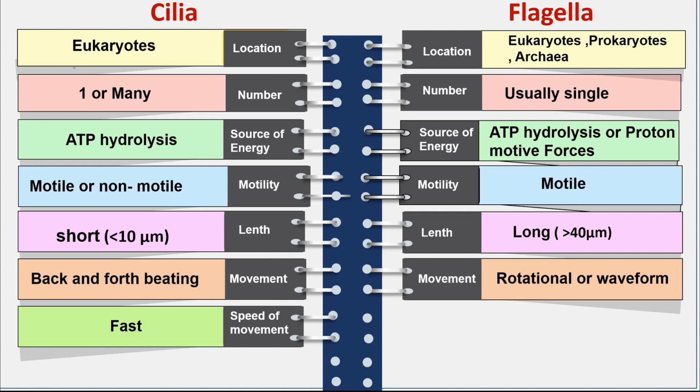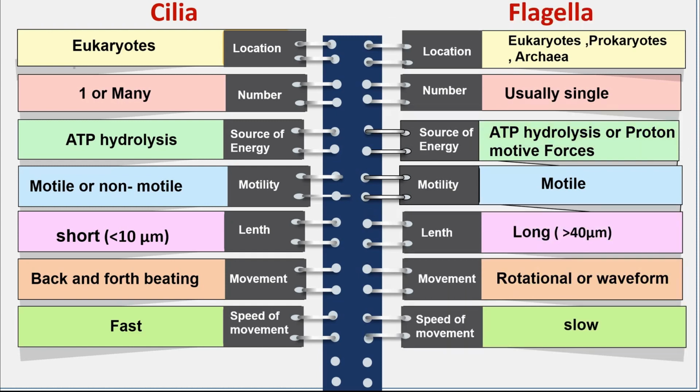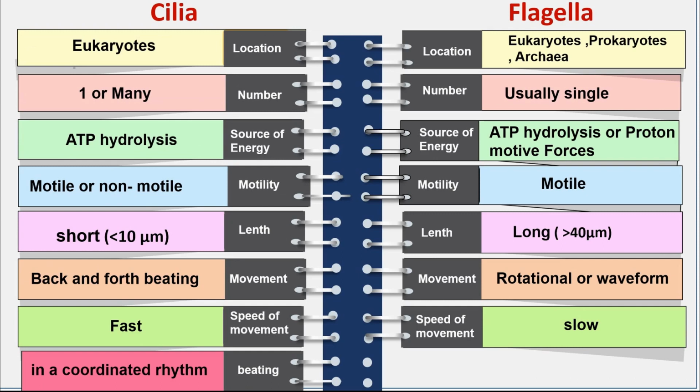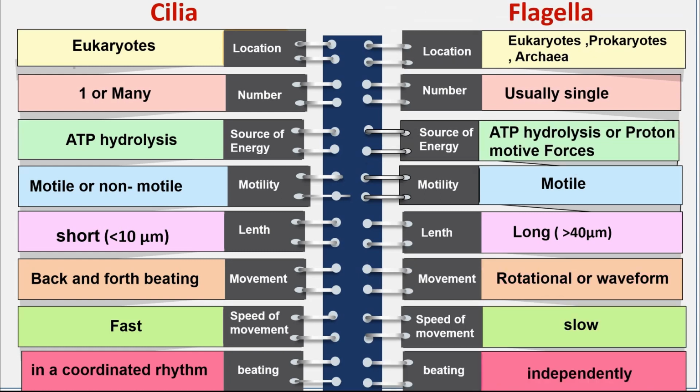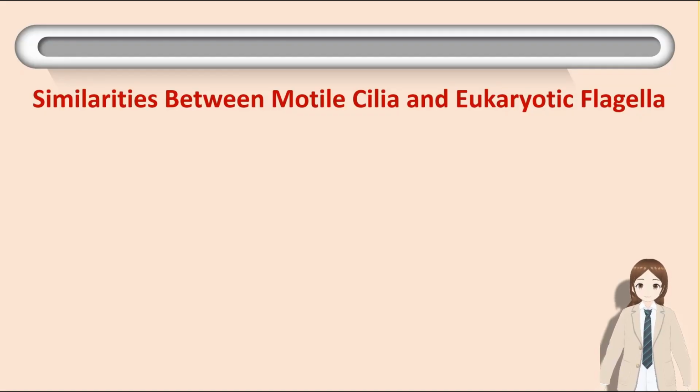Cilia are fast, but flagella are slow. And beating. Cilia beat in a coordinated rhythm, but flagella beat independently. Similarities between motile cilia and eukaryotic flagella.